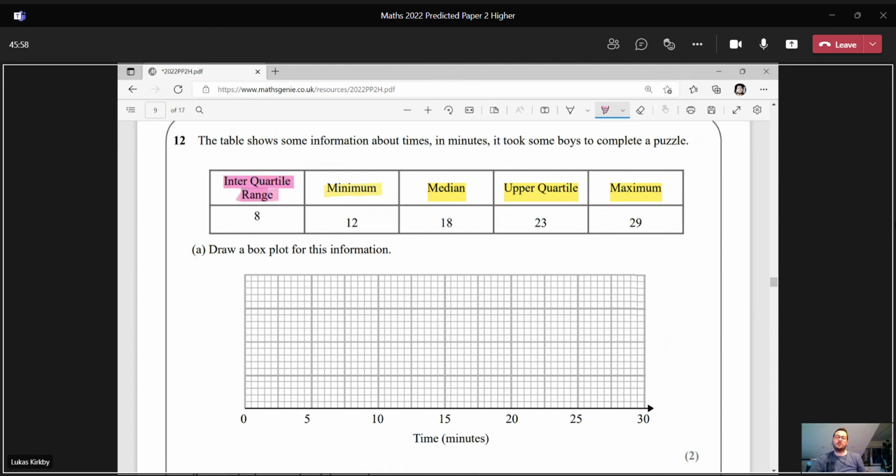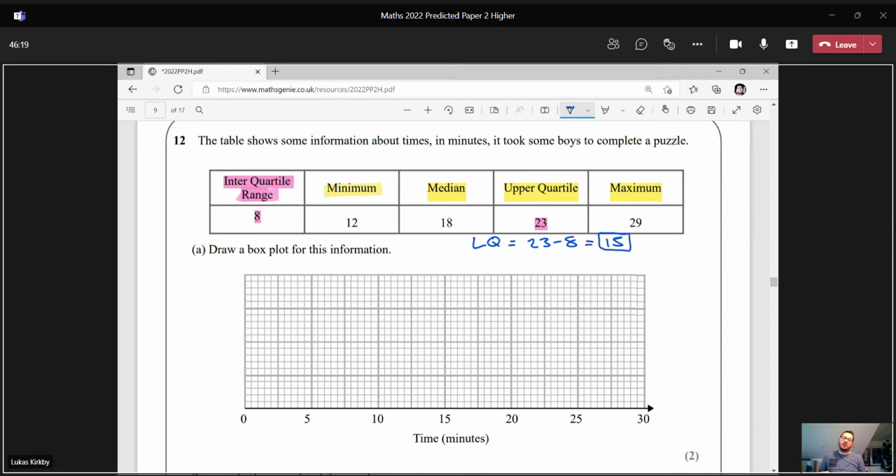The interquartile range tells you the distance between the upper quartile and the lower quartile. So if our upper quartile is 23 and our interquartile range is 8, then our lower quartile is going to be 23 minus 8, which is 15.